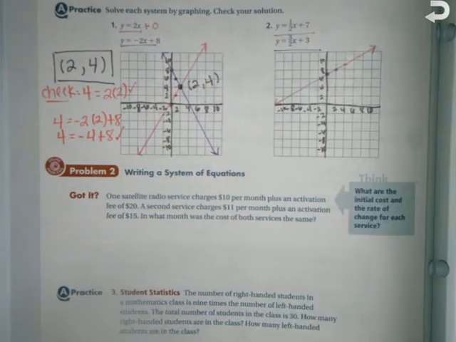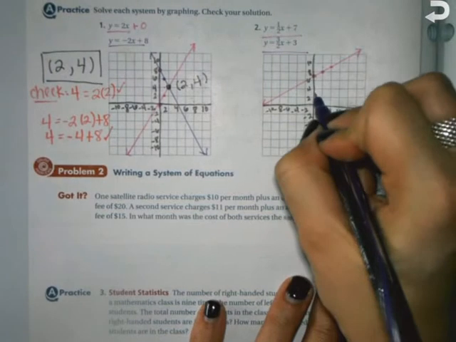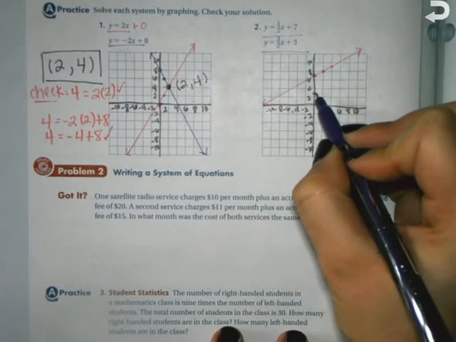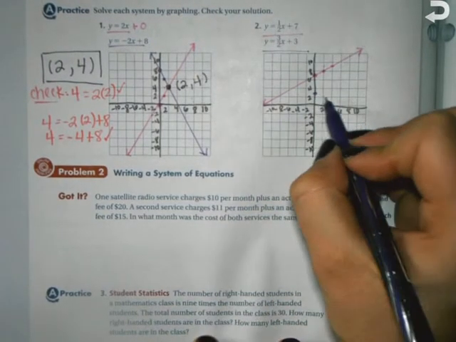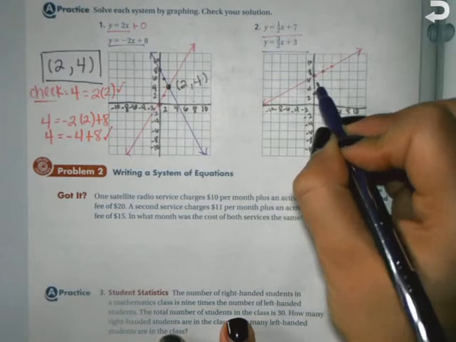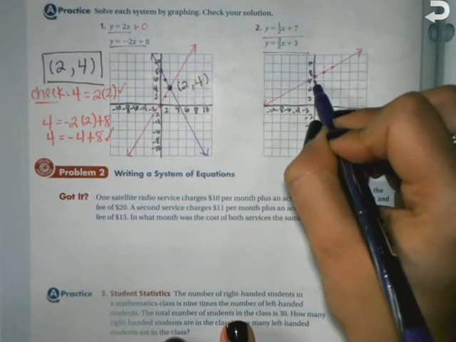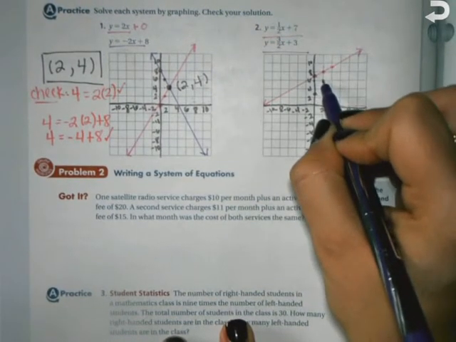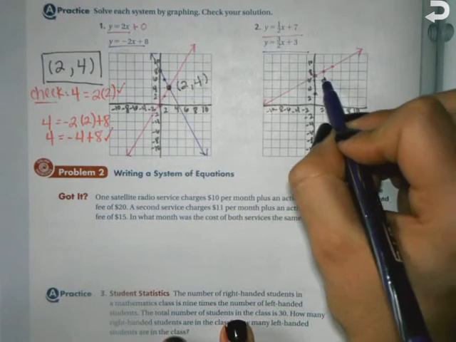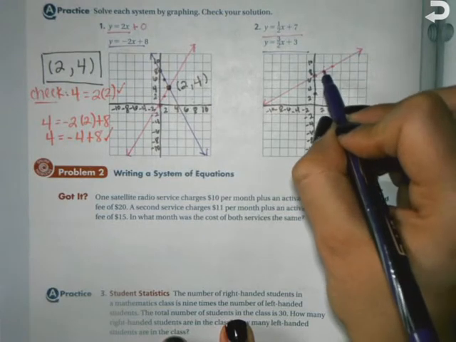Okay, my second one, the y-intercept is 3, which is in between 2 and 4. My rise is 3, so I'm going to go up 1, 2, 3, and the run is 2, so just over 1 space. And then I'm going to do the exact same thing. 1, 2, 3 over 2.